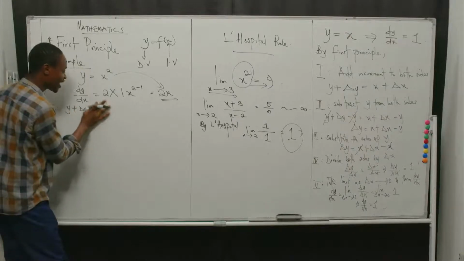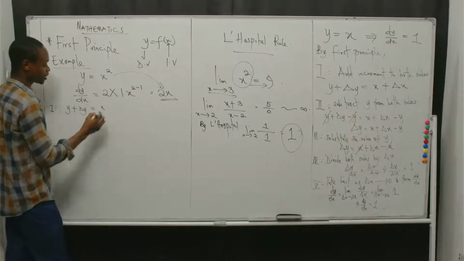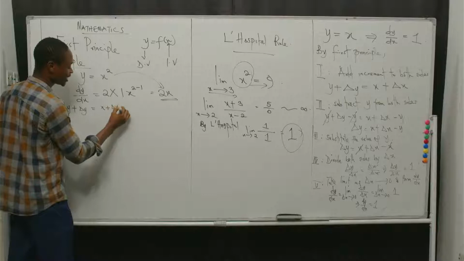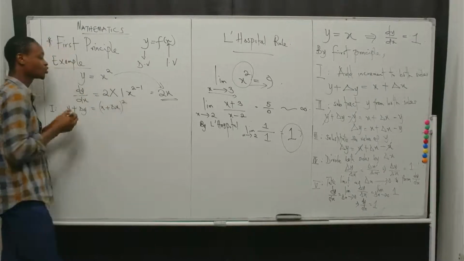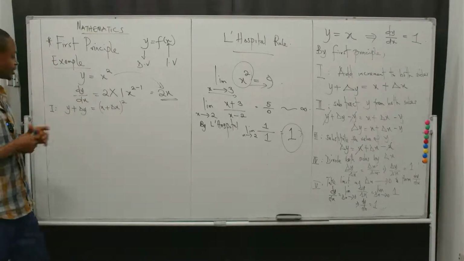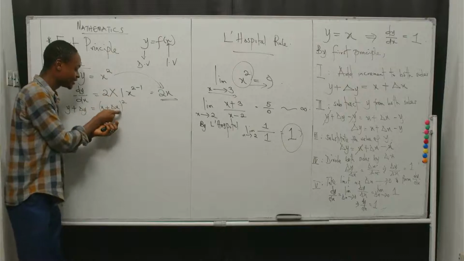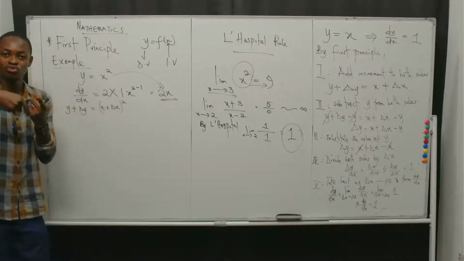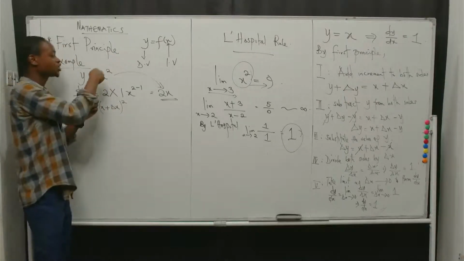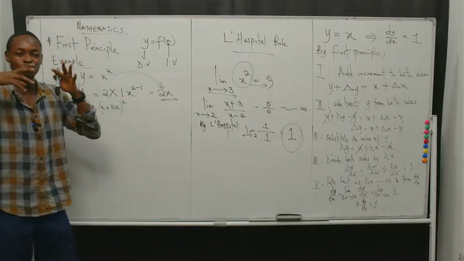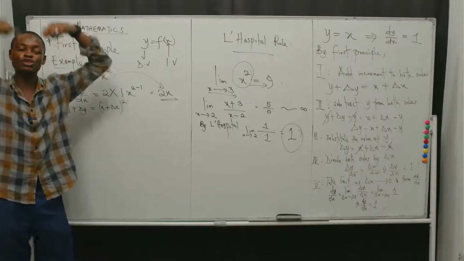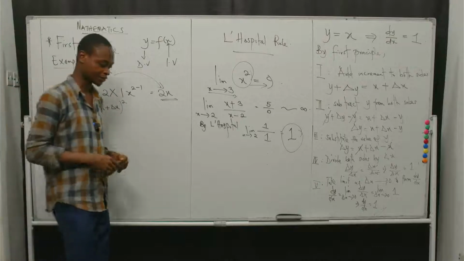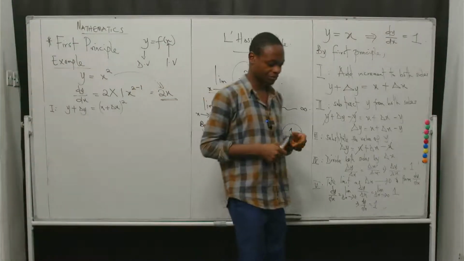So instead of x squared plus delta x, which makes no sense, it is to be x plus delta x all squared. Does that make sense? The increment is on the variable. So if it's x raised to power 2, then the increment will be x plus delta x raised to power 2. Very, very important.